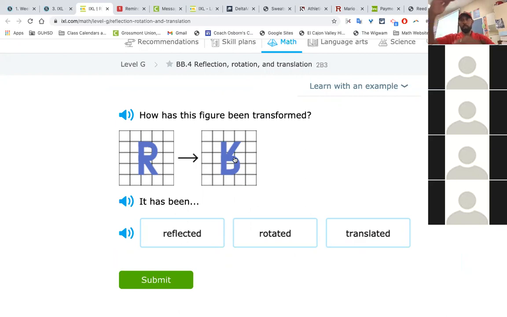You could be flipping it vertically like this, here's a remote. If I flip it like that, all I did was flip it vertically. Or what we say is we flip it over, let's say the y-axis is right here in the middle, I flip it over the y-axis.